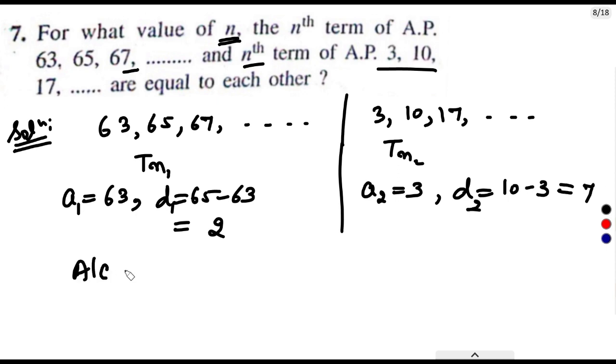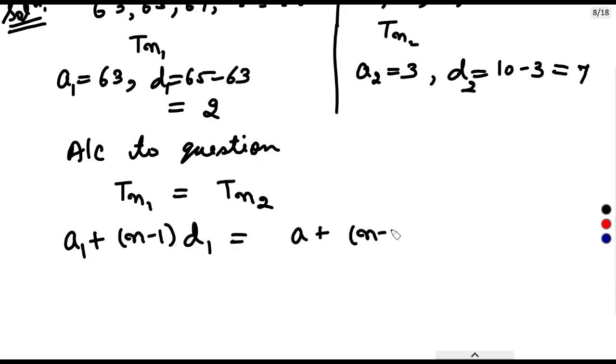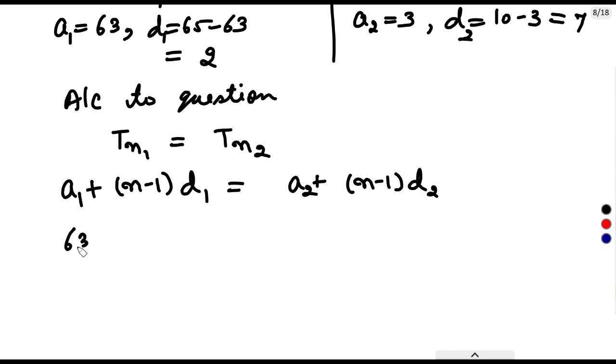Now, according to the question, nth term of both the progression is equal. Put the values. A1 is 63 and D1 is 2, A2 is 3 and D2 is 7.